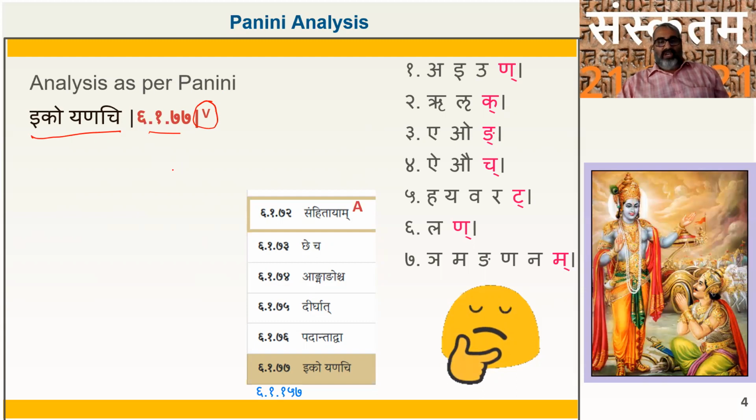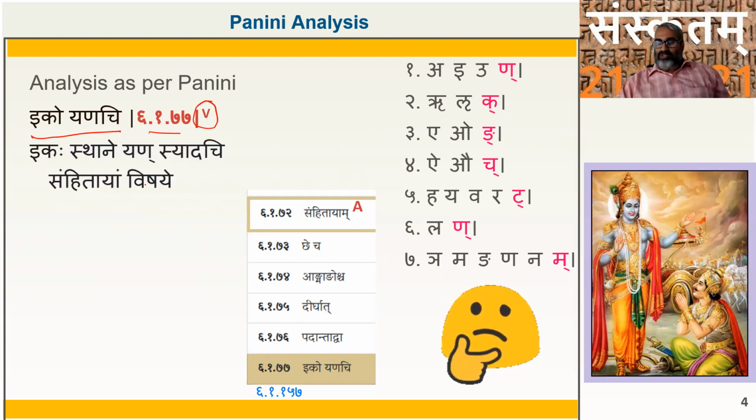The moment you say Iko Yanachi, what do you understand about Ik and Yan? Very, very important. Whenever we see Vritti, the Siddhanta Kaumudi Vartikara has given an explanation. The explanation for this sutra is: Ikahstane, in the place of Ik, Yan syat, Achi samhitayam vishaye.